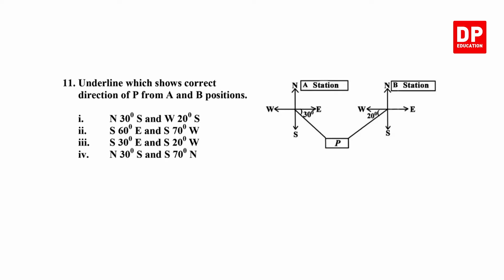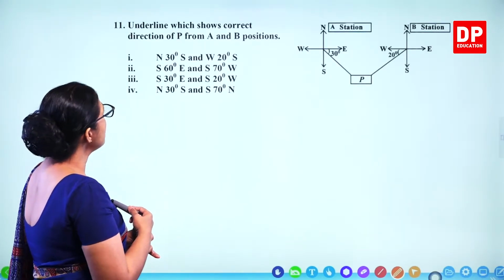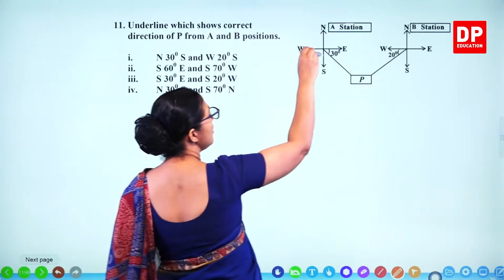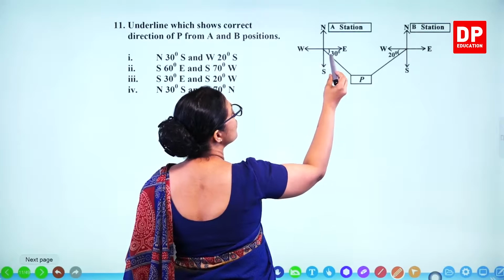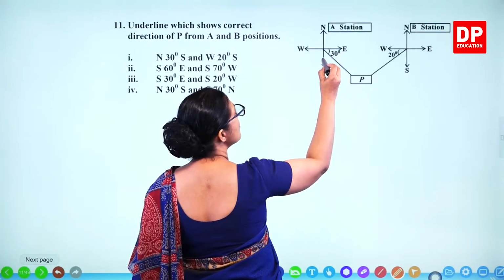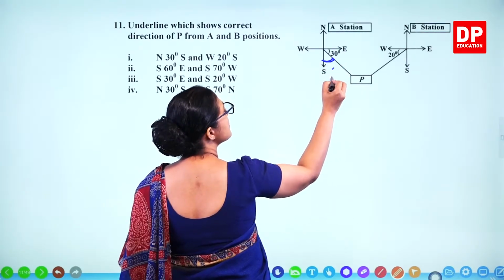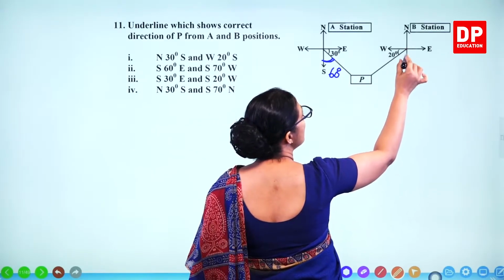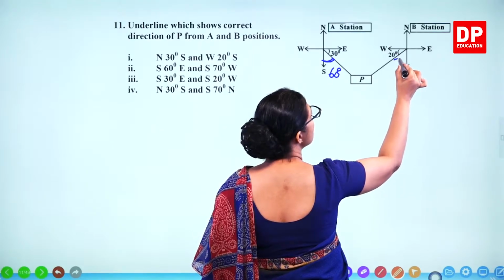Question number 11. Underline which shows correct direction of P from A and B positions. So this one, P is here. So from E is 30. So what is this angle? That's 60. If you take this one, B, from south, that's 70.